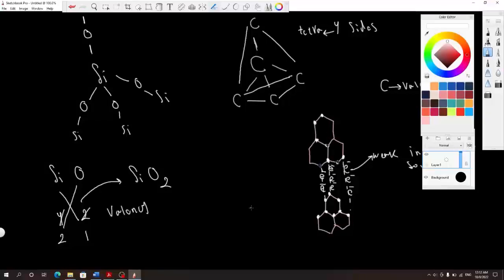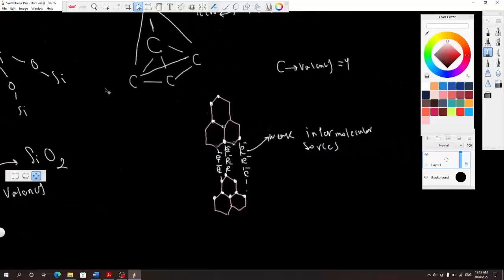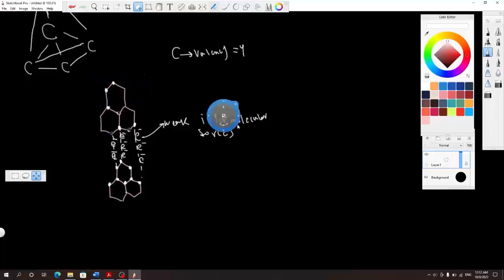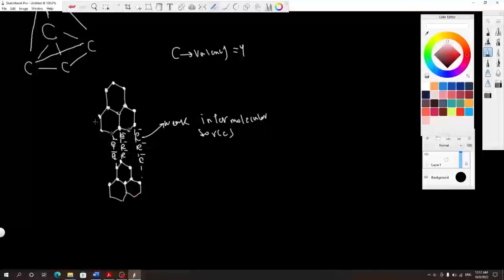Right? I actually forgot to mention something while talking about graphite. While drawing its structure, I've just noticed it. So yeah, quickly back to graphite, right? When you draw the structure, you need to let them know that it's an extended structure, meaning that there are other hexagons elsewhere.